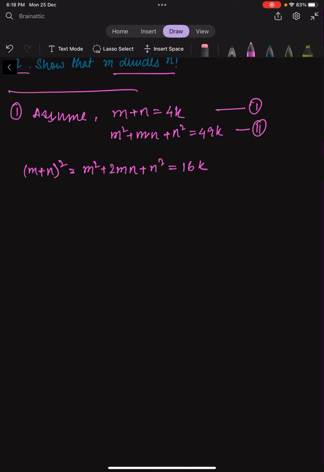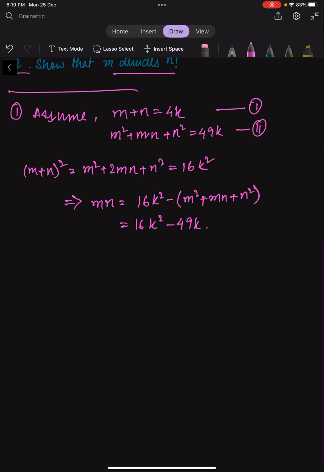And if we solve it for mn, we get 16k square minus (m square plus mn plus n square), which we know as 49k.